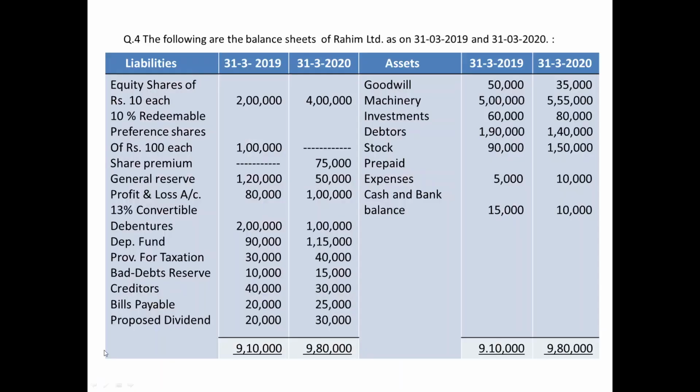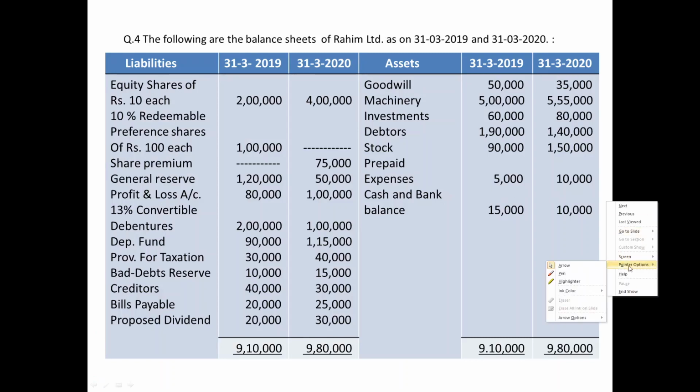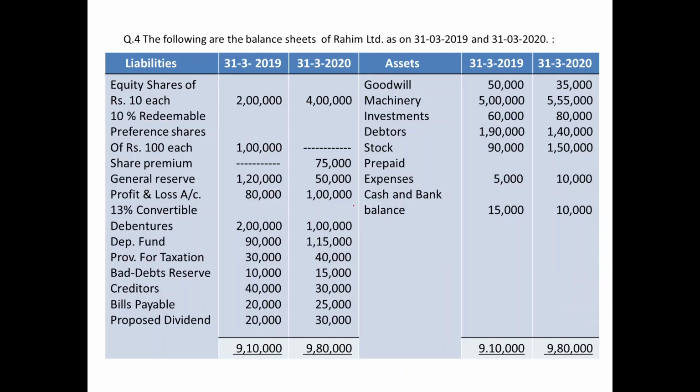Let us decide the profit of the year. As always, first of all, we have to decide the profit of the year. Have a look at the liability side. Profit and loss account: 1 lakh rupees current year's balance, last year's balance 80,000. 1 lakh minus 80,000 gives the profit of the year, rupees 20,000.